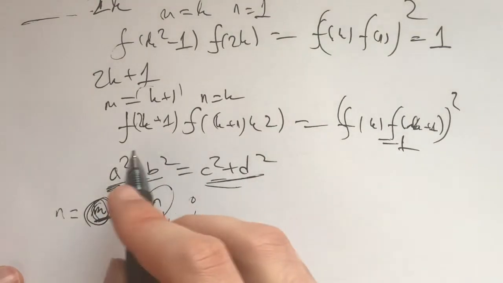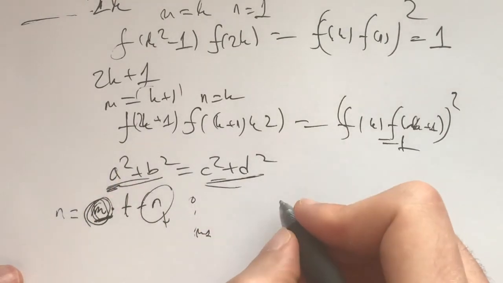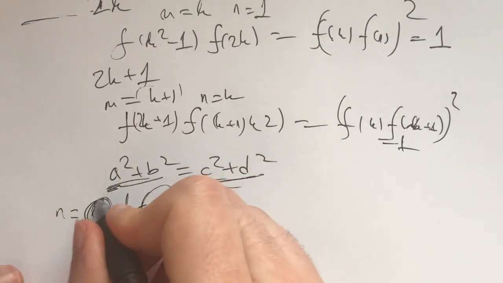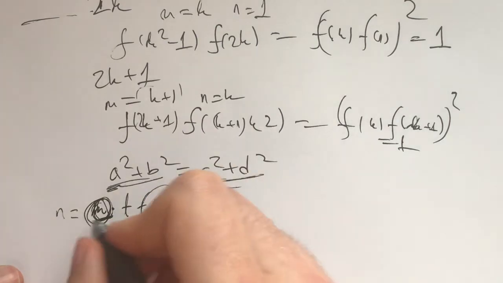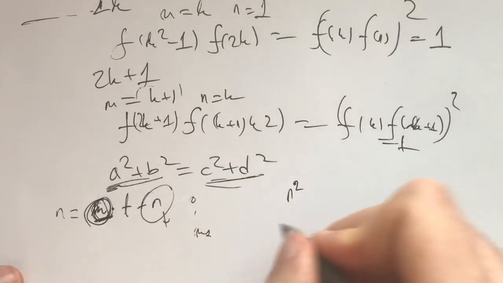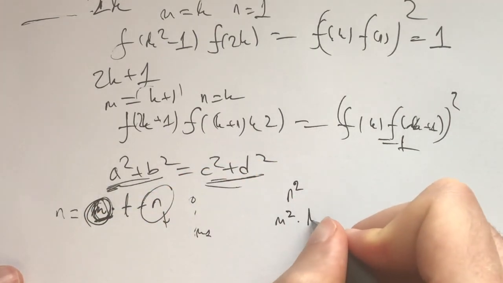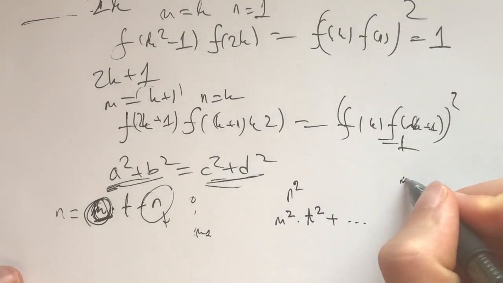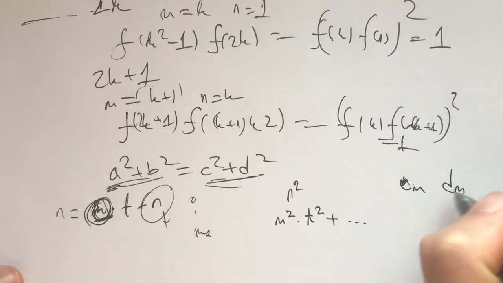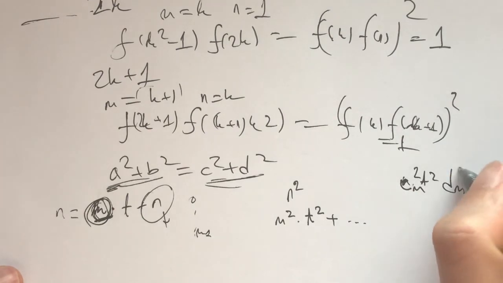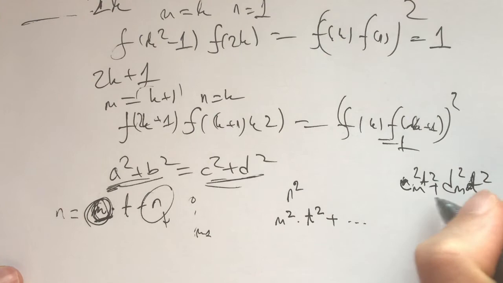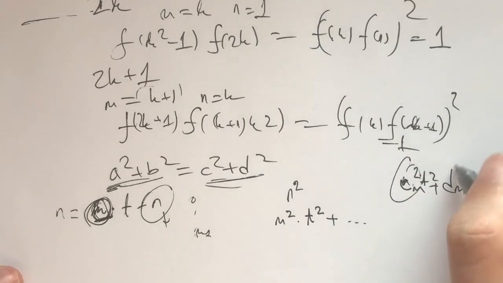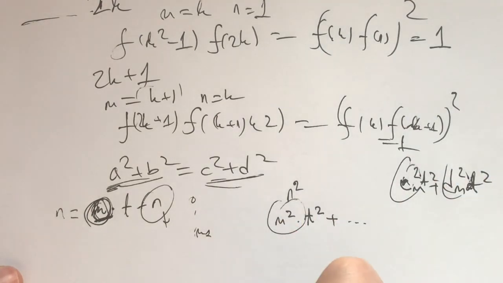And now a way to think about this is to say, what would be a nice m? Because when I have this n squared, I'll have m squared t squared plus something. And I'll have some other two numbers, cm and dm, squared times t squared, and I'll add them up. So is there a nice way to get rid of this m?